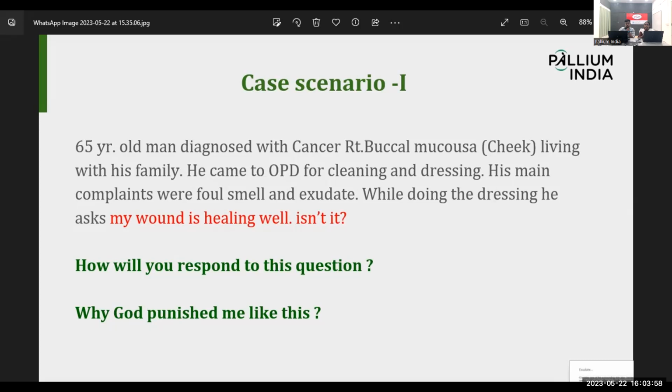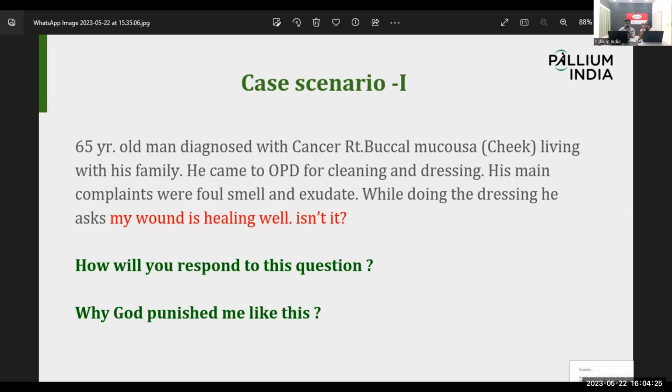At that time, they will come to you and ask, sister, you told me my wound is almost healed. I thought it was healed. Why is this condition worsening? What is happening? Whether your ointment or your treatment is wrong with me, that kind of things will be there.